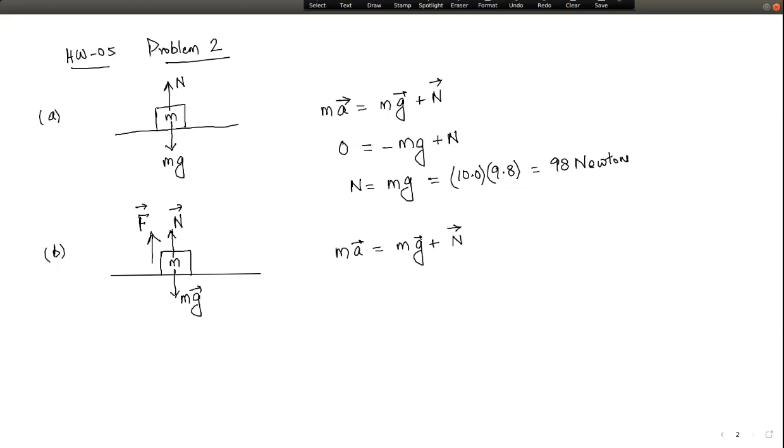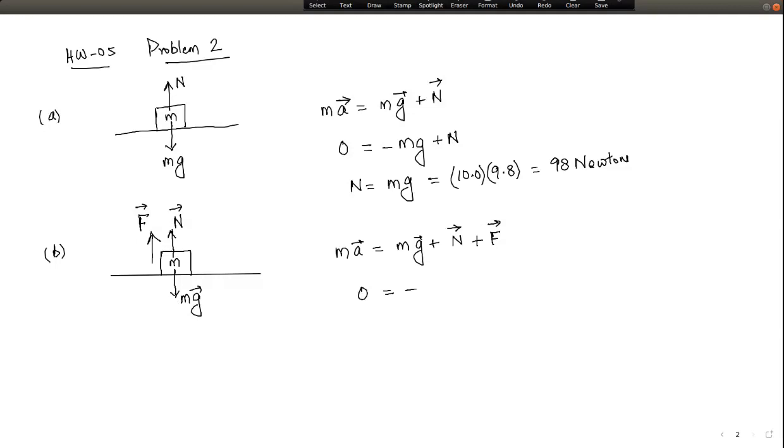But now there is an additional force F. So there are three forces acting on the mass m instead of two. The acceleration is still given to be 0, so that's equal to 0. We should also try to understand what would happen if the force was large enough, then it could even lift off. So that's a scenario, but here we are assuming that it is static and the acceleration is equal to 0.